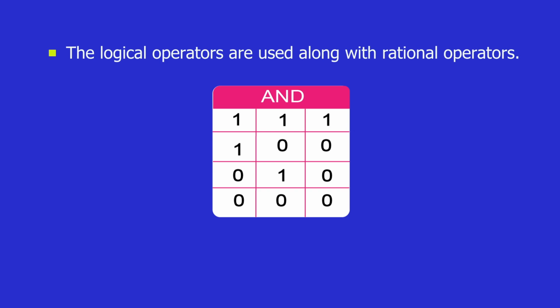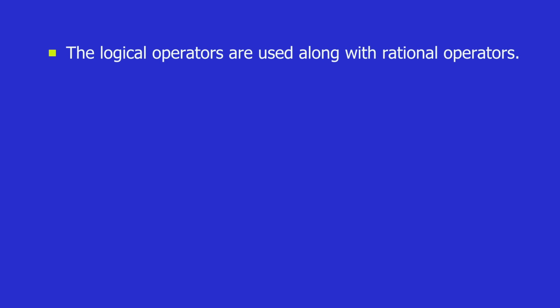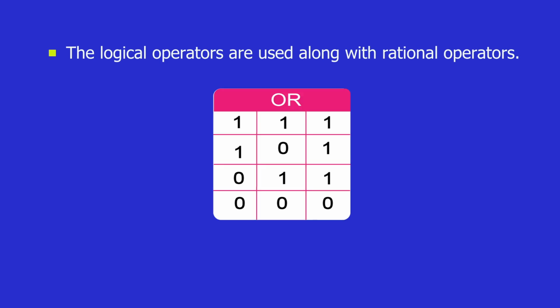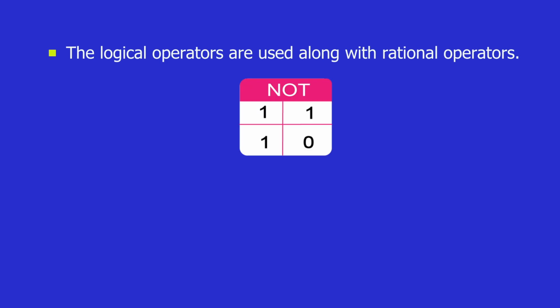The operator OR will perform OR gate Boolean table operation between two numbers. 1 1 will return 1, 1 0 will return 1, 0 1 will return 1, 0 0 will return 0. Operator NOT will perform NOT gate Boolean table operation. 1 will return 0, 0 will return 1.